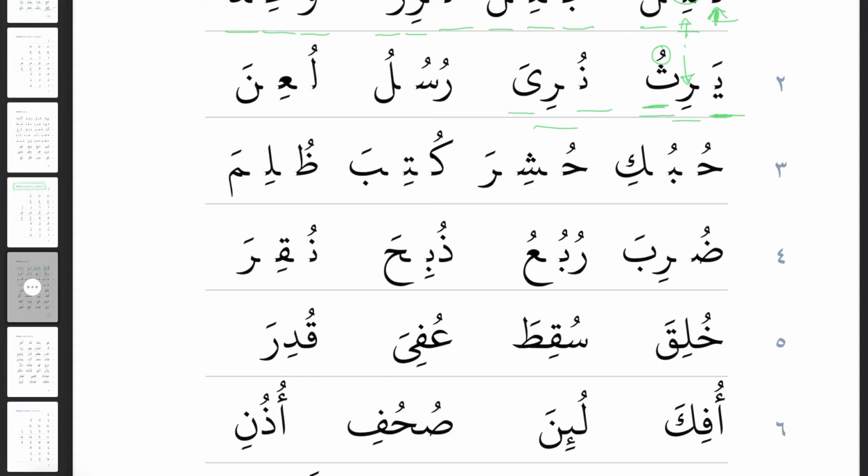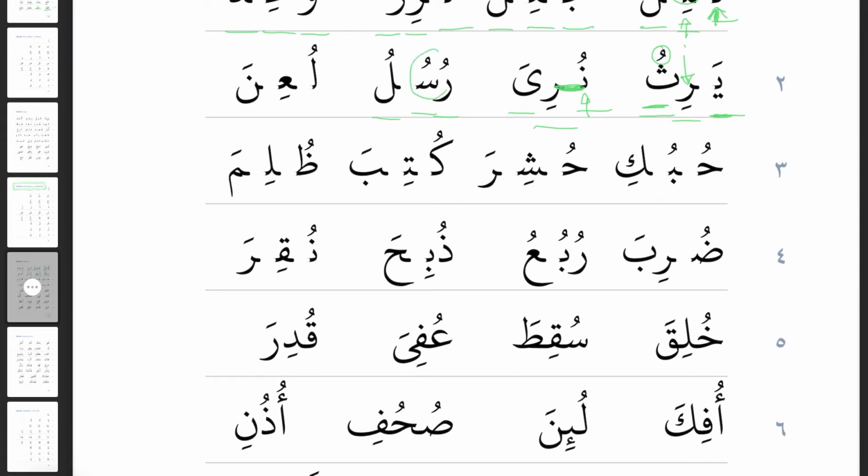ya. Now sometimes I know people get confused between this noon and a zal. So imagine this was joined up properly into its word, and that would be joined there. You can see that this is a noon joined to a ra. Zal would not join up to the letter after it. I'll carry on. Ru, su, lu.